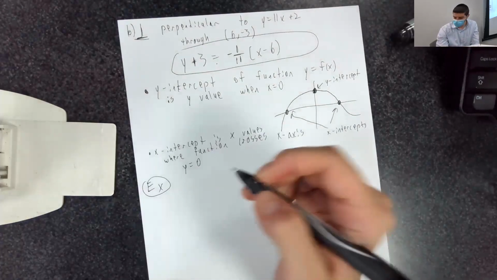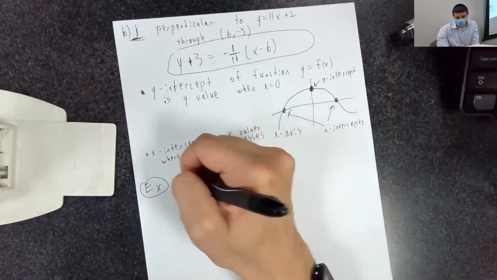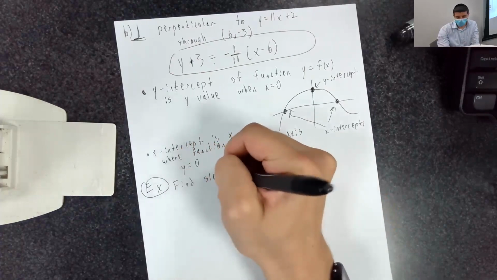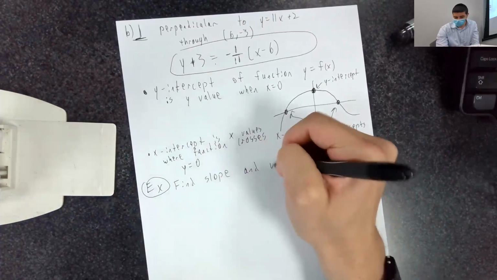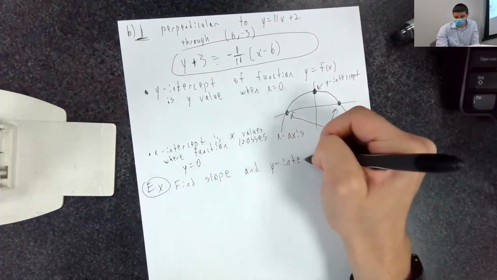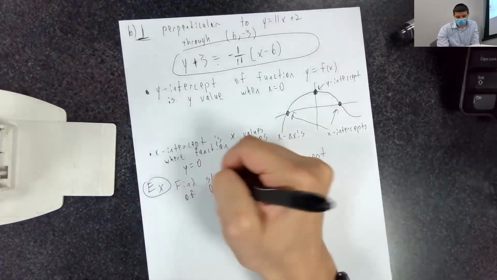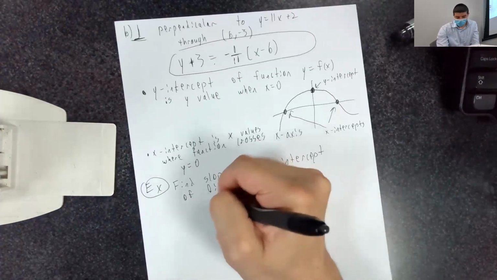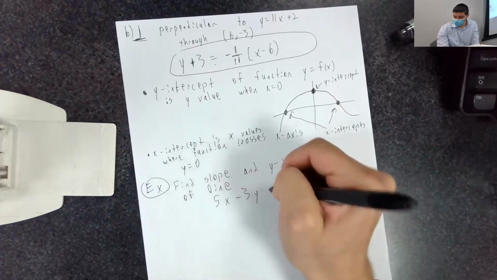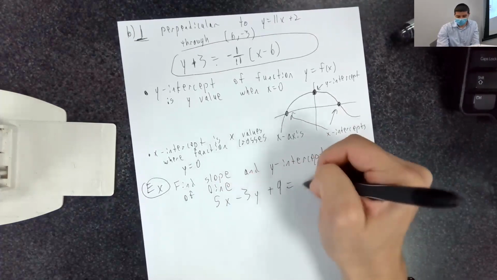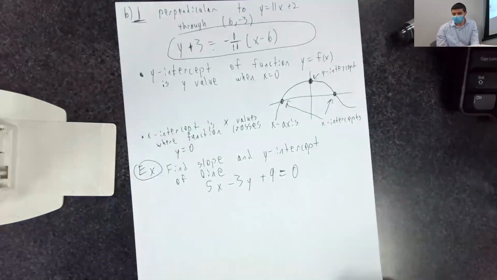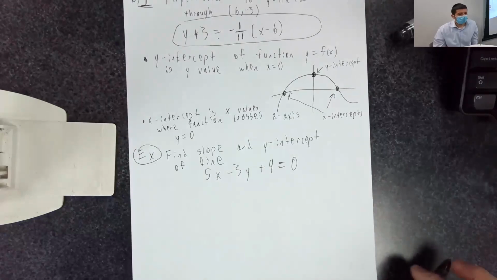So as an example, find the slope and y-intercept of the line 5x minus 3y plus 9 equals 0. Now you just want to be careful.